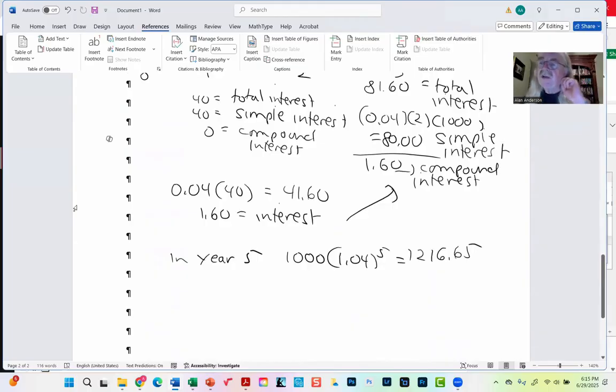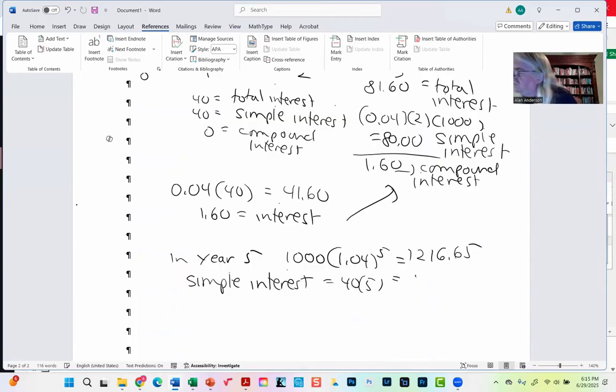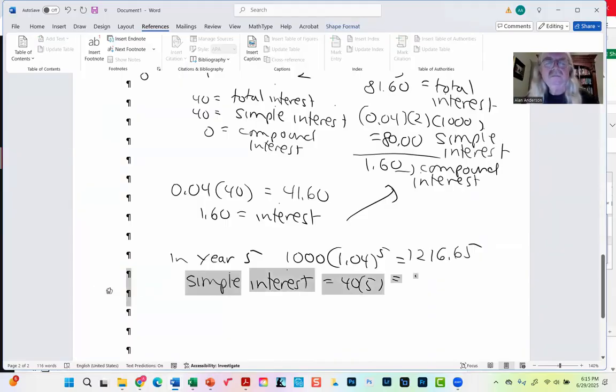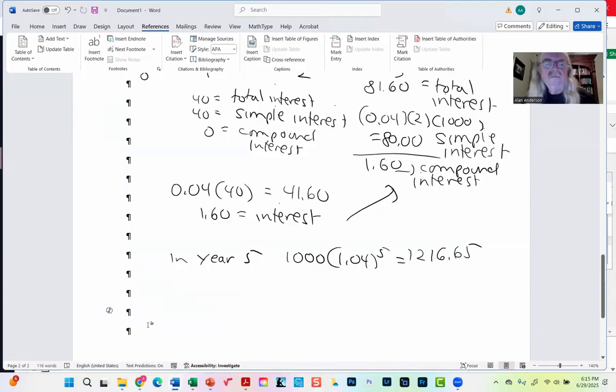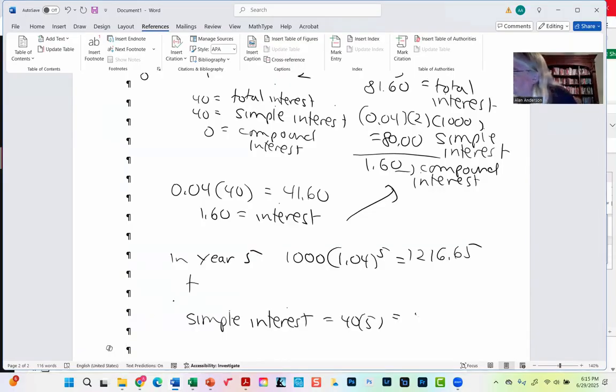Now, how much simple interest does that represent? Remember, it was $40 a year. Oh, actually, what I should have done, hold on one second. Right here, the total interest is, of course, 216.65 because we started with 1,000.